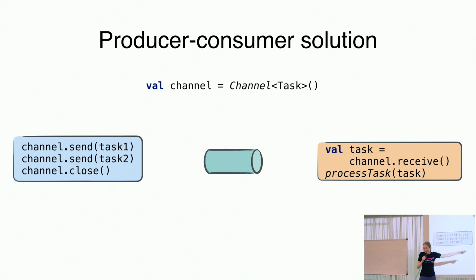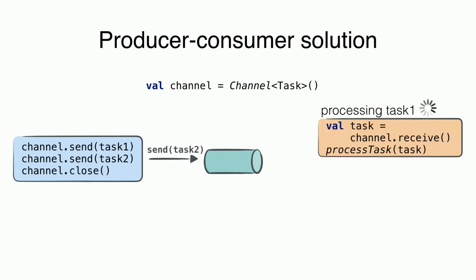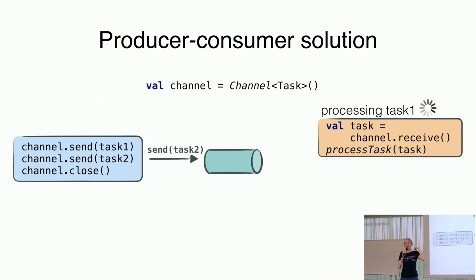And it receives the element that was sent, and it starts to process the first task. In the meantime, the second producer coroutine sends the second task to the channel, but there is no receive call.